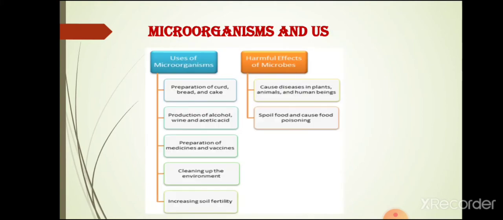Our next topic is microorganisms and us. Students, microorganisms play a very important role in our lives. Some of the microorganisms are beneficial for us and some others are harmful and cause diseases. So let us study about them in detail.